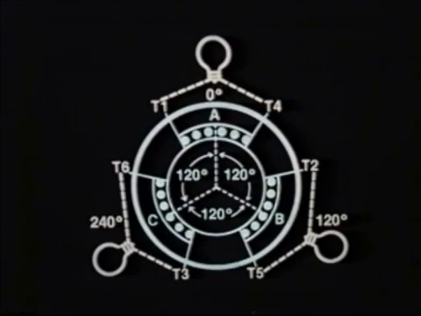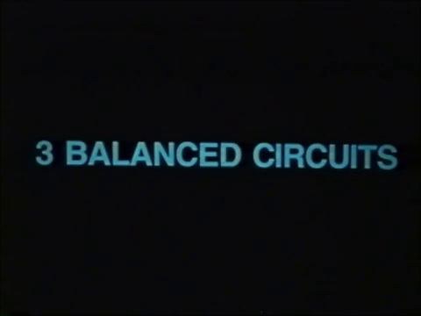You'll recall that each phase coil group can be loaded as a separate and independent phase. Therefore, if the load is divided into three balanced circuits, each phase can power one circuit and the unit left connected as a three-phase unit.